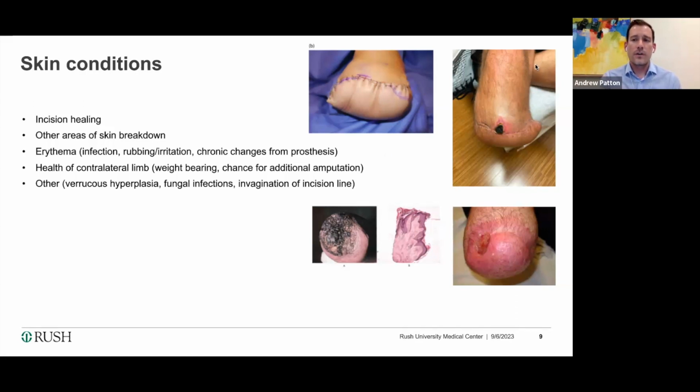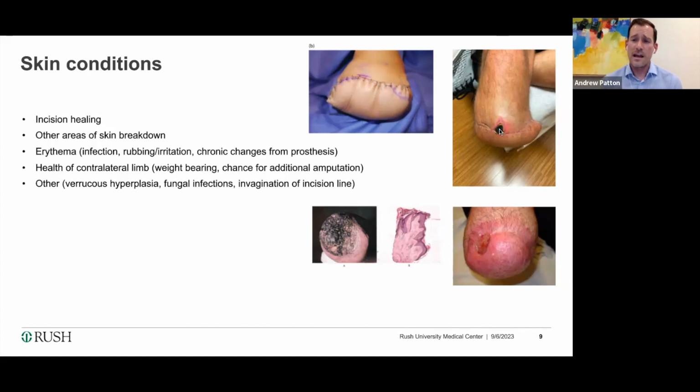You also want to look for other areas of skin breakdown. That includes not just around the incision line, but maybe back here or further up, a little bit more proximal on the limb. This person looks like they have distal weight-bearing issues. Their incision line is healed well, but it looks like the distal tibia is maybe having a little too much pressure.